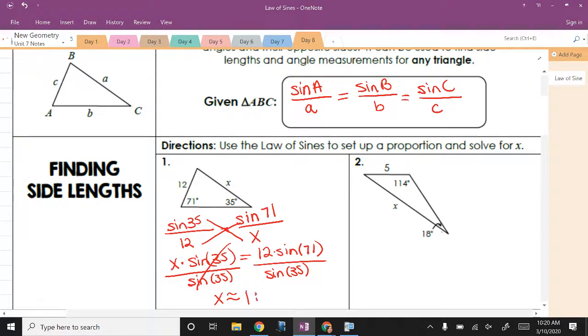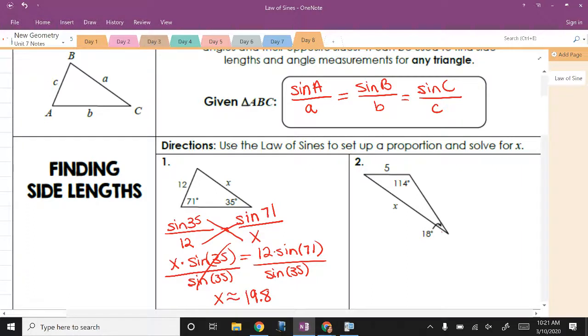Now, if you know units, you put your units. But we don't know any units, and these are not angle measures, so you can just leave it 19.8. And here's a little clue, y'all. The smaller angle is going to be across from the smallest side and vice versa. 35 is a smaller angle than 71, isn't it?